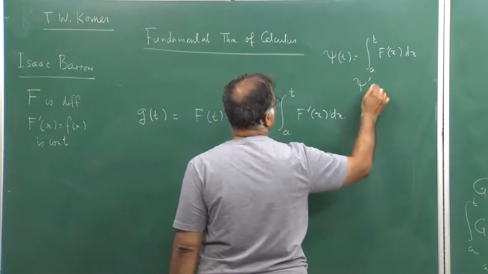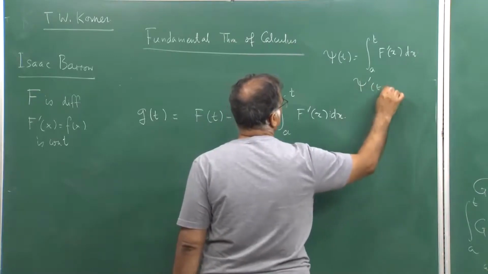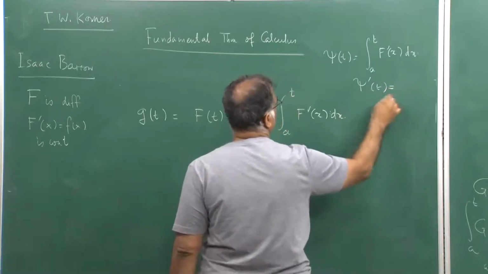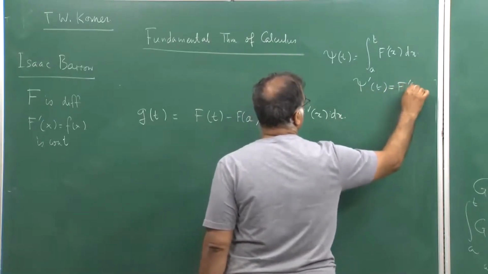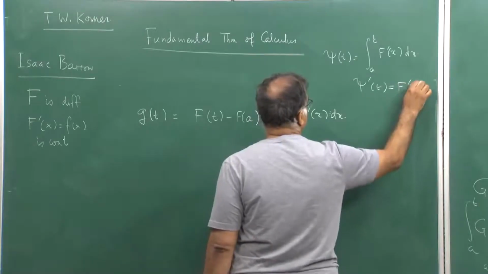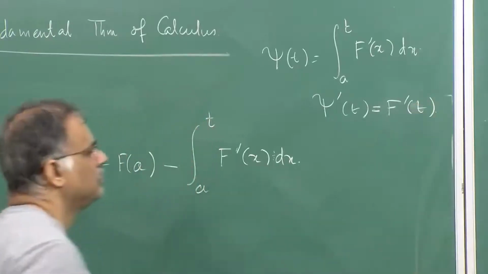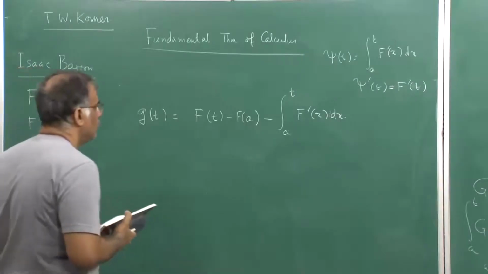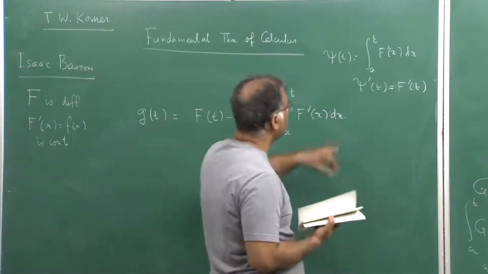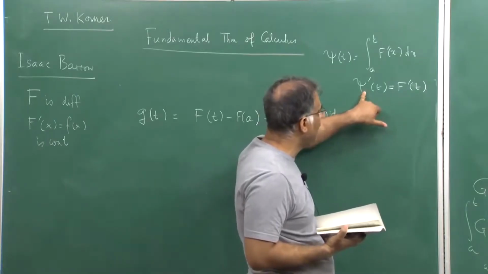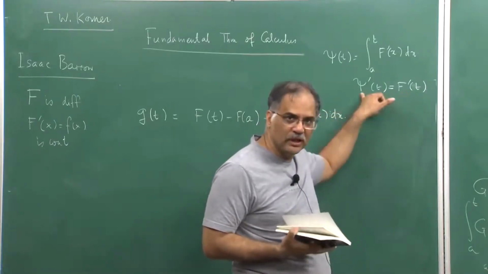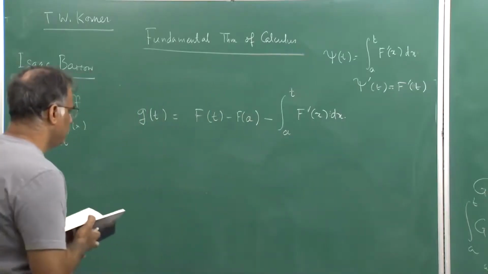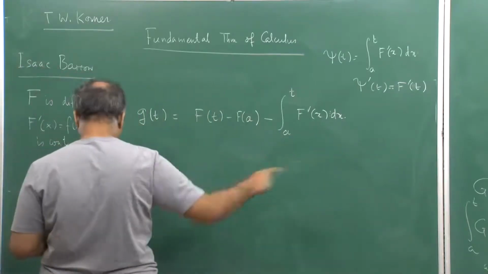So phi dash of t would be what? Would be f dash of t. So what is the function capital phi whose derivative would be f dash of t? That would be F(t). Right. So this is something important. I would still rather tell you to keep a thought on that.